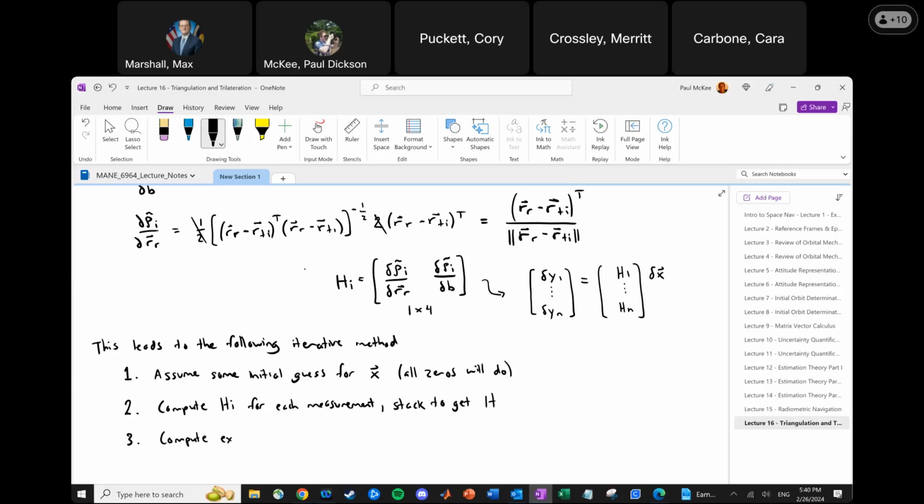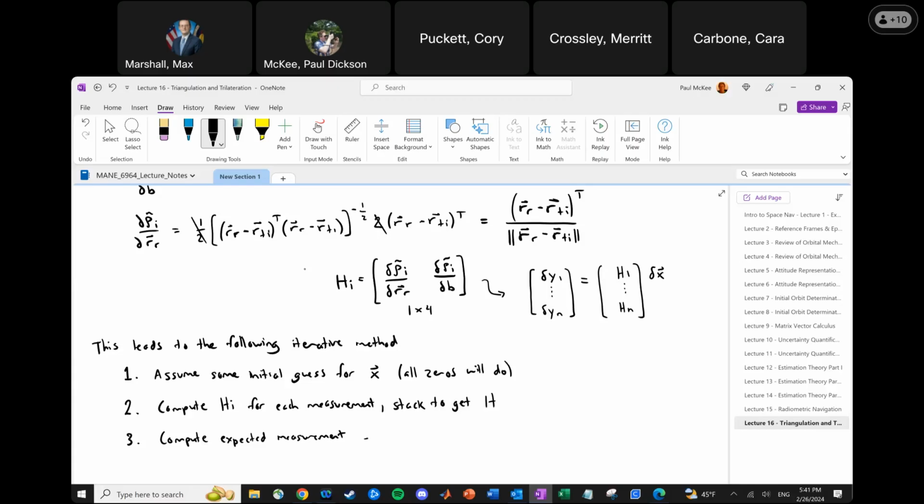Kind of glossed over this a little bit because I'm relating delta y to delta x. Well, what is delta y exactly? So we're going to compute the expected measurement. And this is the measurement if we were right about our state. And we know that we're not because we're starting with some initial guess.